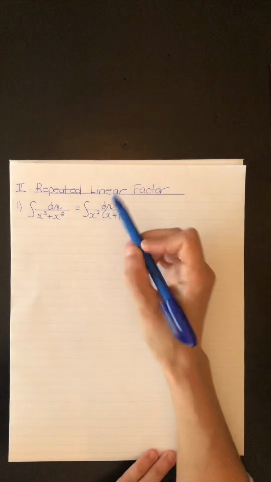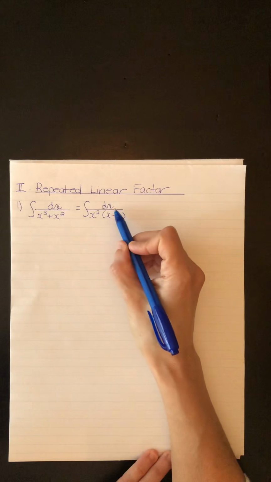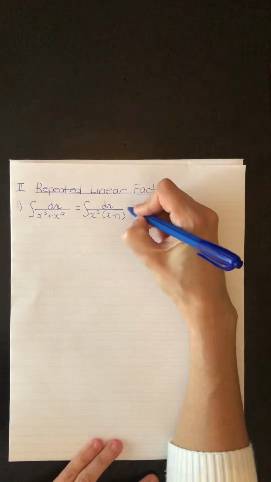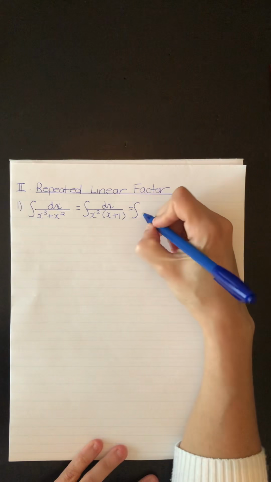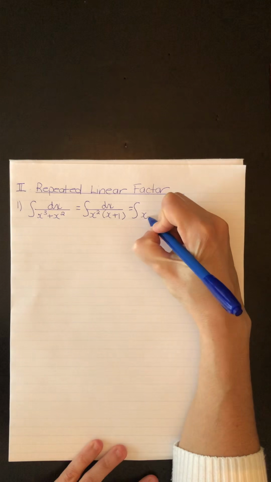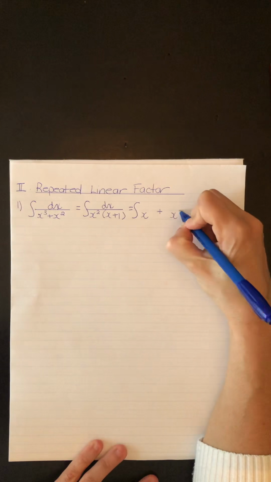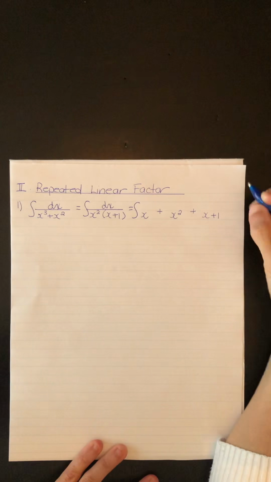So we will need 2 fractions just for this one term, one more fraction for x plus 1. So it's going to look like this. We're going to have a denominator of x, a denominator of x squared, and a denominator of x plus 1.